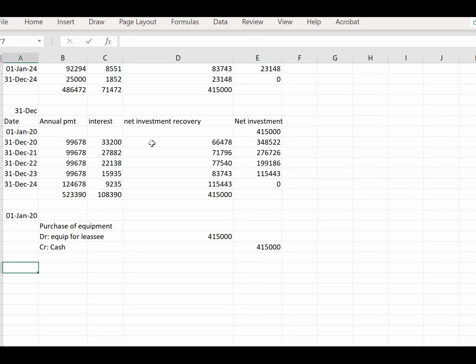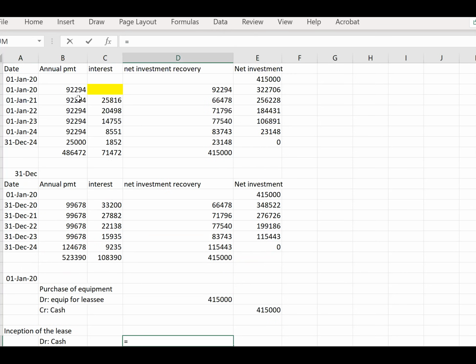Then on the inception of the lease, we're going to receive our first lease payment. Debit cash. So our first lease payment is going to be $92,264.